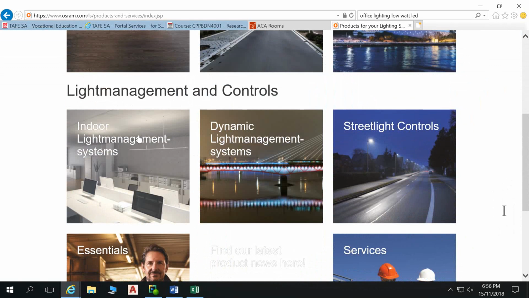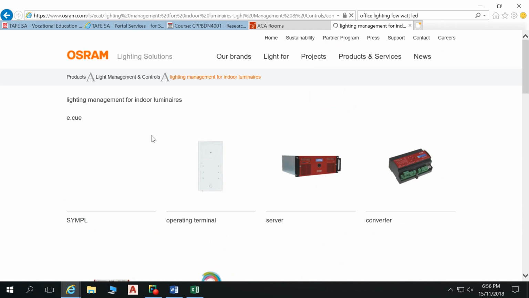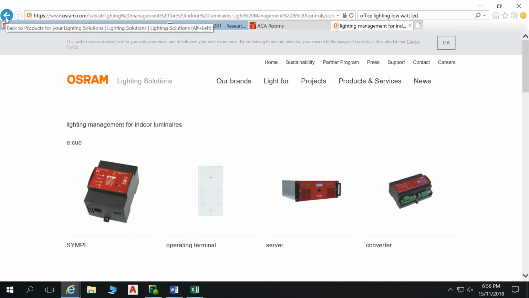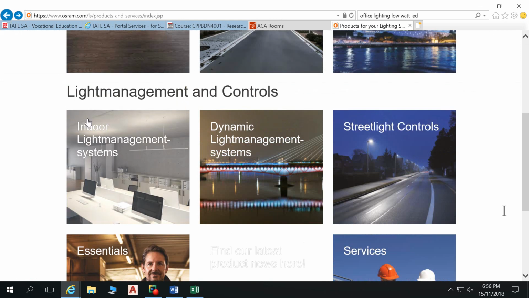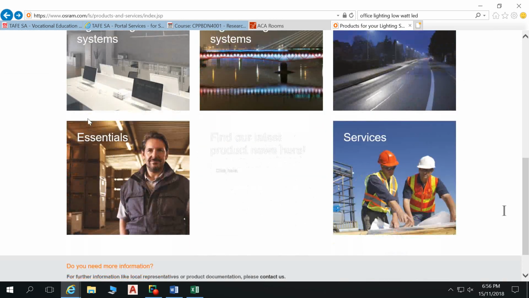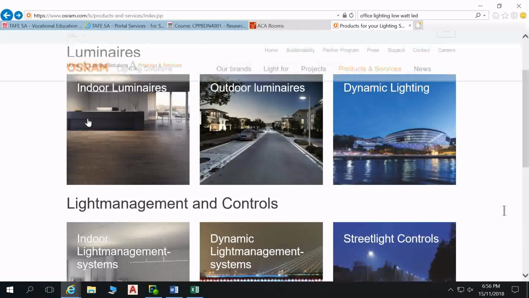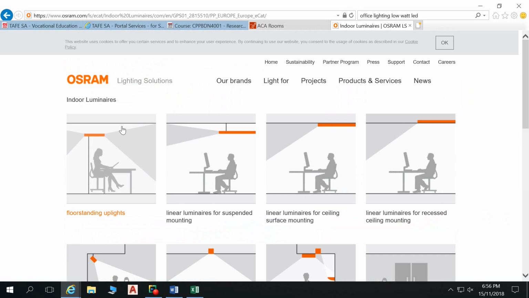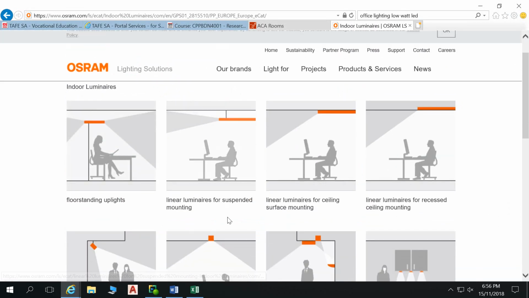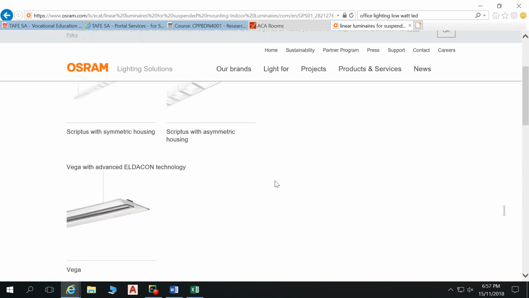Indoor light management, possibly, or indoor luminaires, for suspended mounting, for sure.